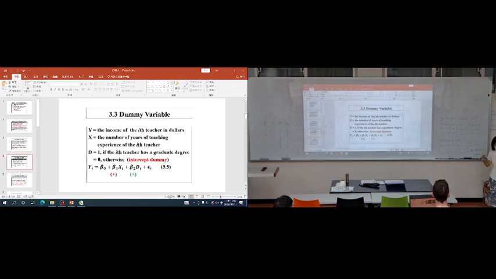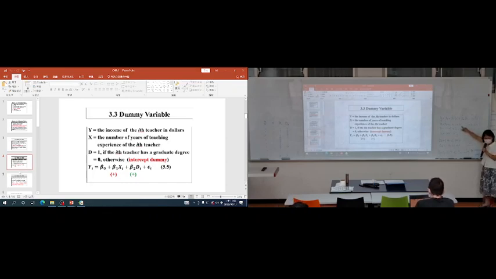Although it may not make sense in reality, it can be that way, right? So what does that mean? This one is positive, this one is positive, right? And all of this beta 2 and beta 3 is compared with what?